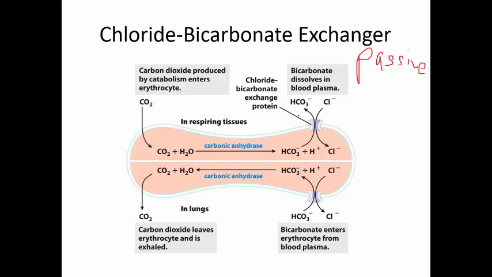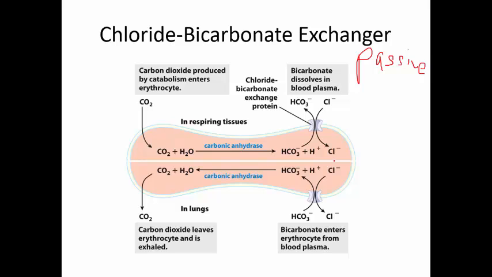this is negative. And so if you're consistently moving negative things out of the cell, you're going to change the membrane potential. If you change the membrane potential, that's going to change whether or not this is passive or not. So what this exchanger does, every time it brings the bicarbonate out, it brings a chloride in.